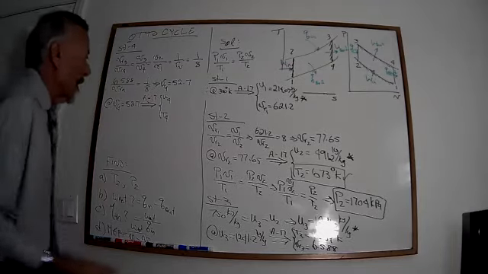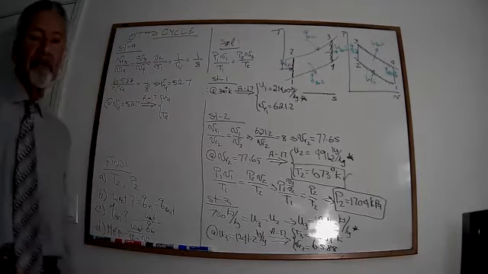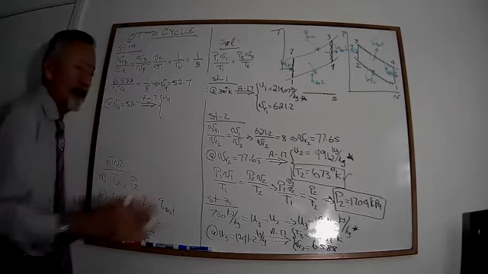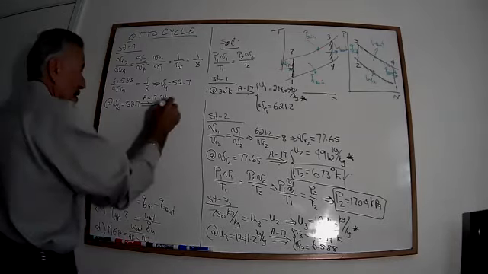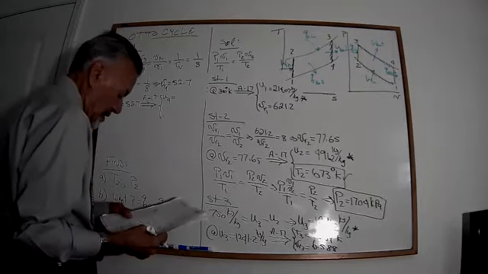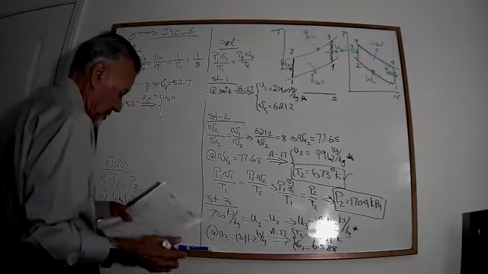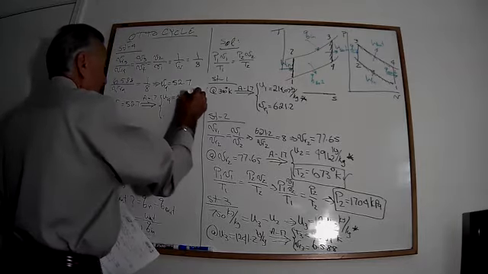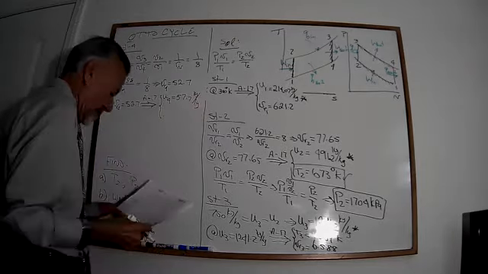The problem didn't ask me to find T4, so I'm not going to bother with that. Why should I do extra work? All I need is the value of U4. In this case, after interpolation and everything, this becomes 571.7 kilojoule per kilogram.